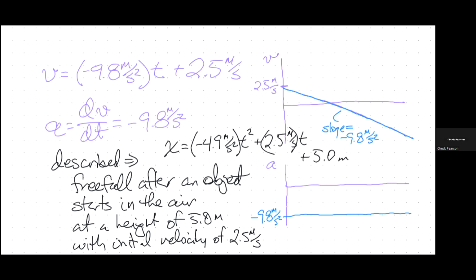And everything in that function points to a specific property. The coefficient of t squared being half free fall acceleration indicates free fall. The distance by itself indicates height. The coefficient of t indicates initial velocity.